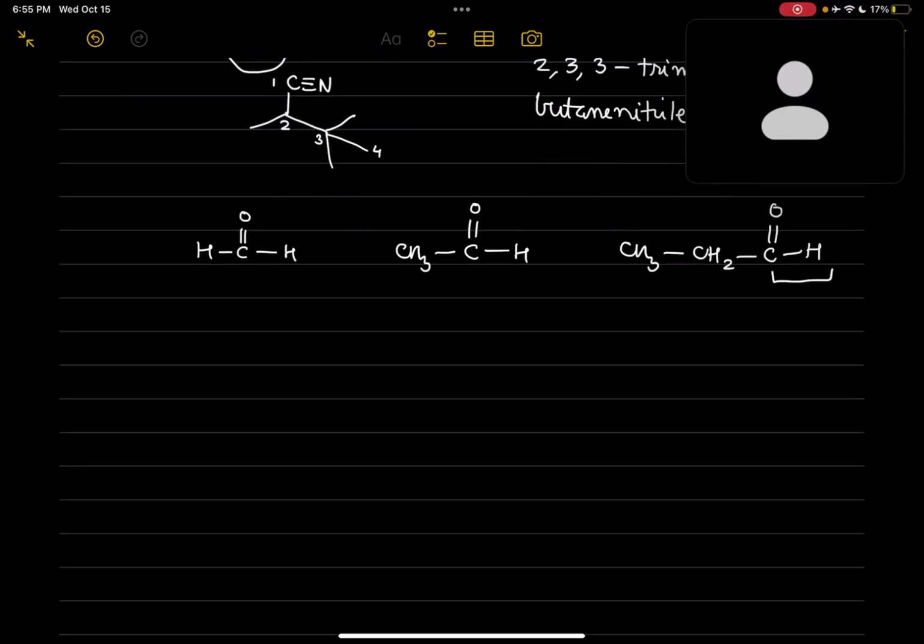So let's try to name the aldehyde. It is written in condensed manner as CHO. What is the name of this aldehyde?